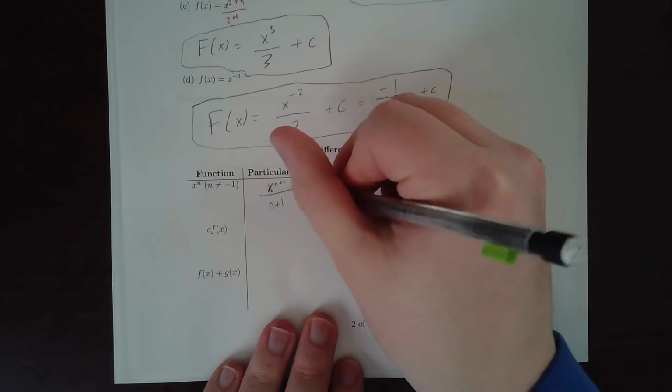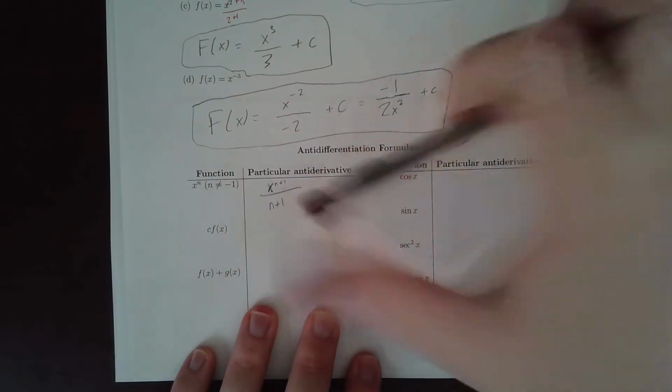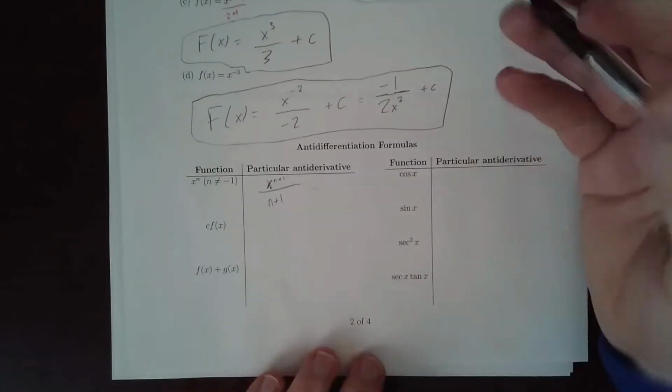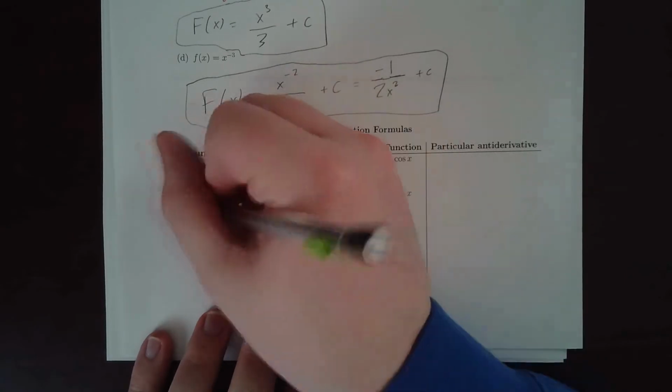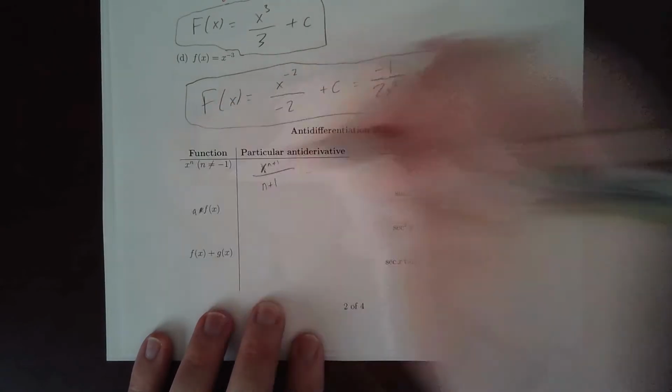And this would be plus something. So we should be adding plus c to all of these if we want the general form of them.